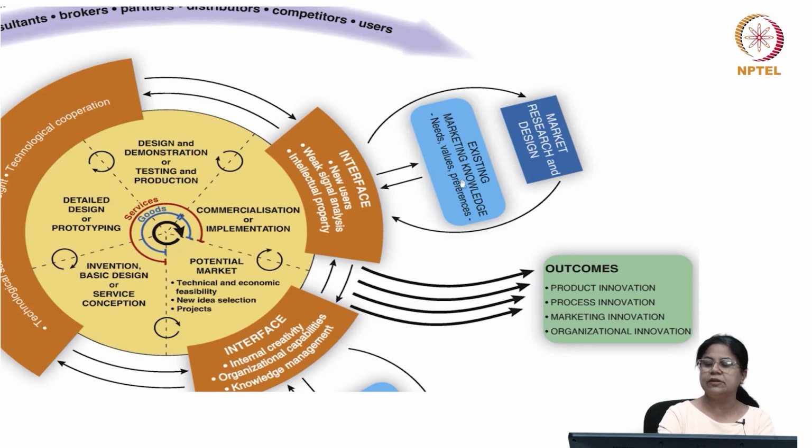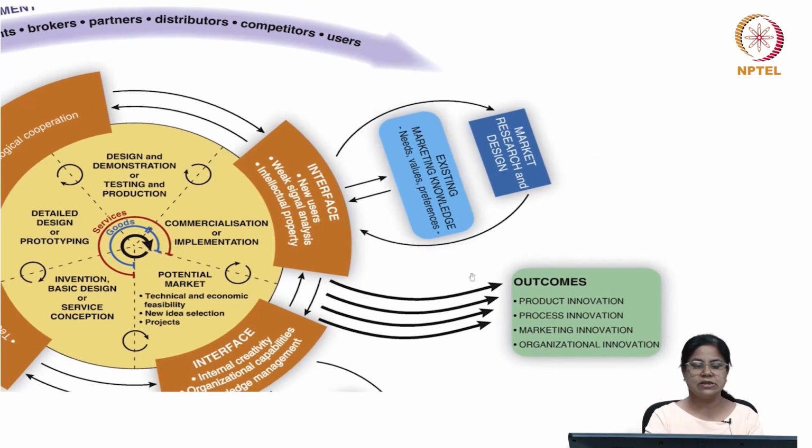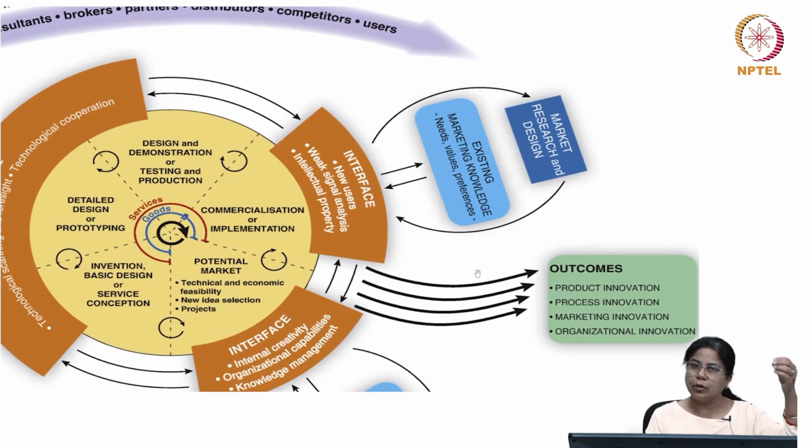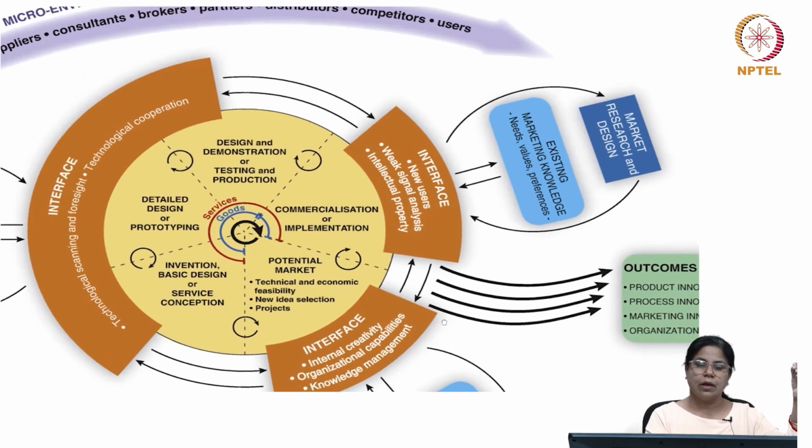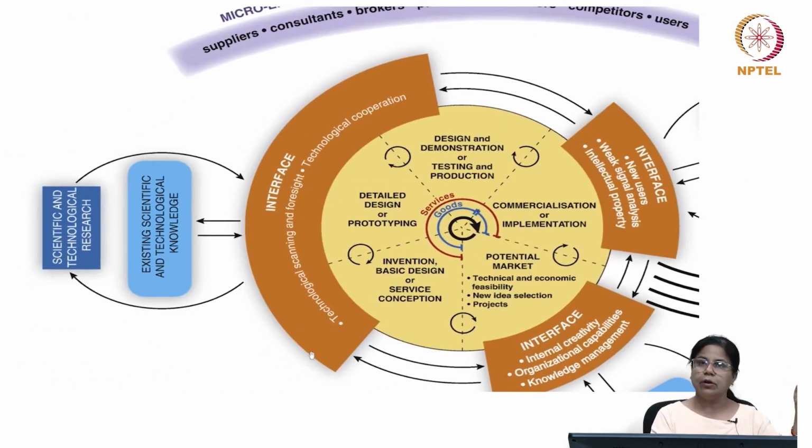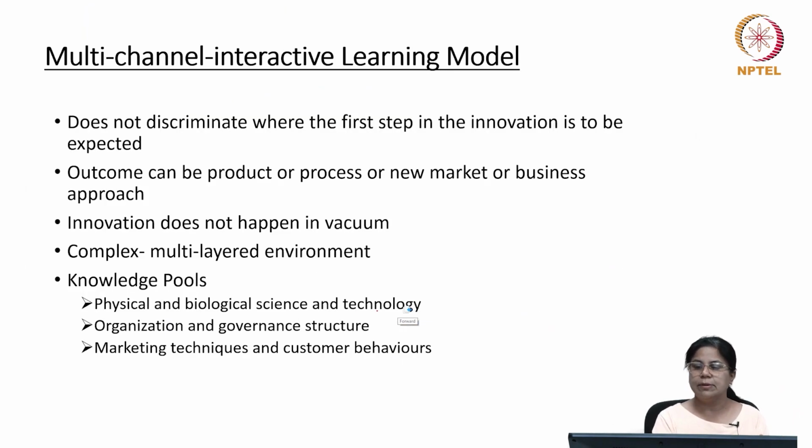On the other hand, there is existing knowledge with respect to the needs, values, preferences, and the marketing techniques which are available. So in all these three cases, whether we are talking from the point of view of scientific research, there also the authors have referred to two sets, the new research which can be conducted or the existing state of knowledge.